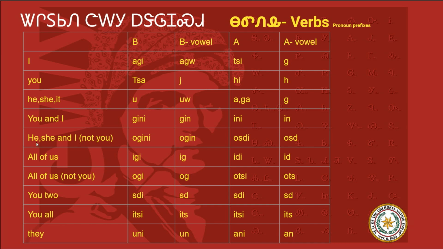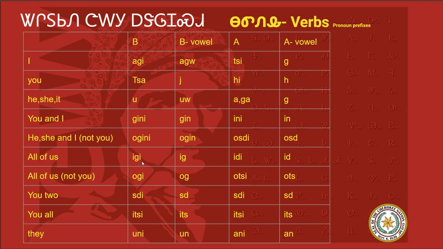Okay? He and I, or she and I, Ogini Yosi, he and I are hungry. Oginduli, he and I want it. Ostiwoni, he and I are speaking. Ostanelti, he and I are trying.